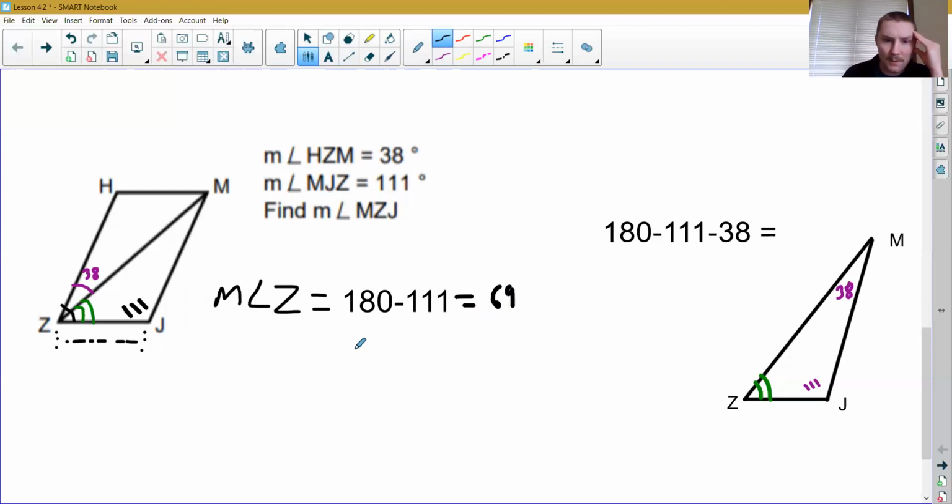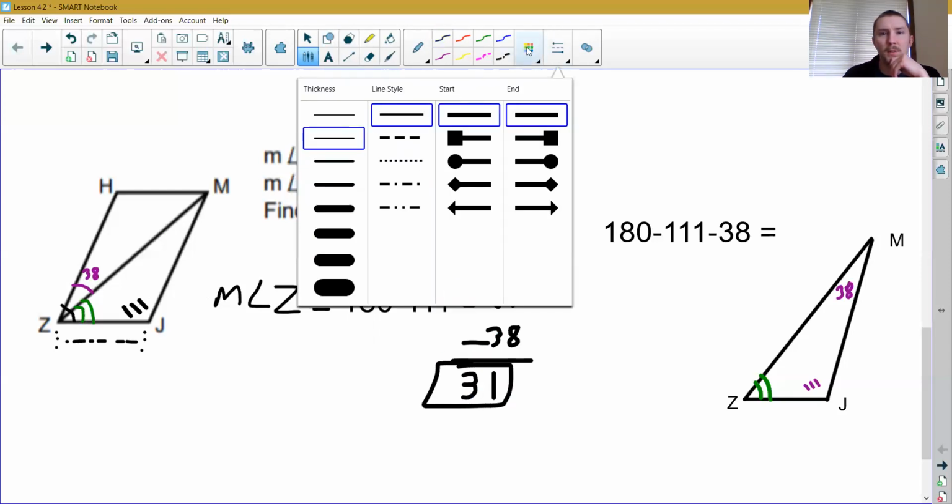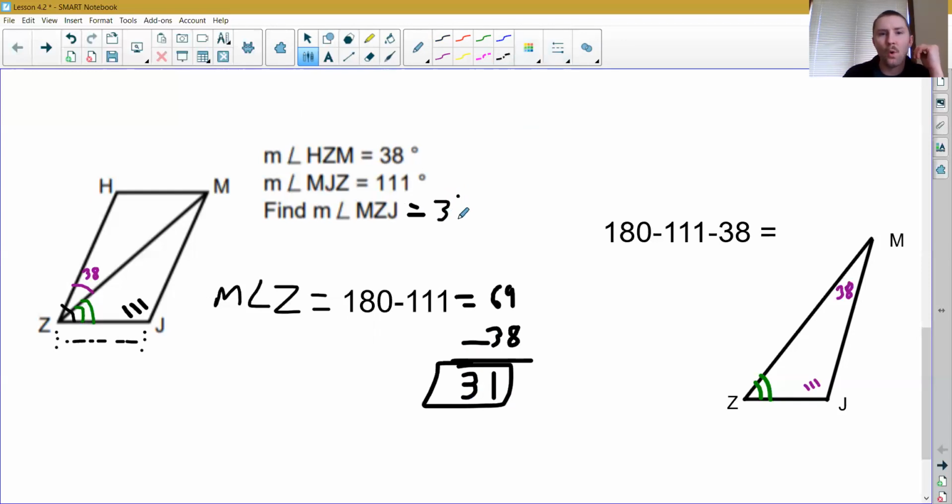Then if I subtract the 38 degrees for the piece that I know, I end up with 31 degrees. So 31 degrees is the measure of the angle they wanted me to find. If you did this math, 180 minus 111 is 69, minus 38 is 31 degrees. Either way you do it, you get the same answer, and we arrive at that angle being 31.